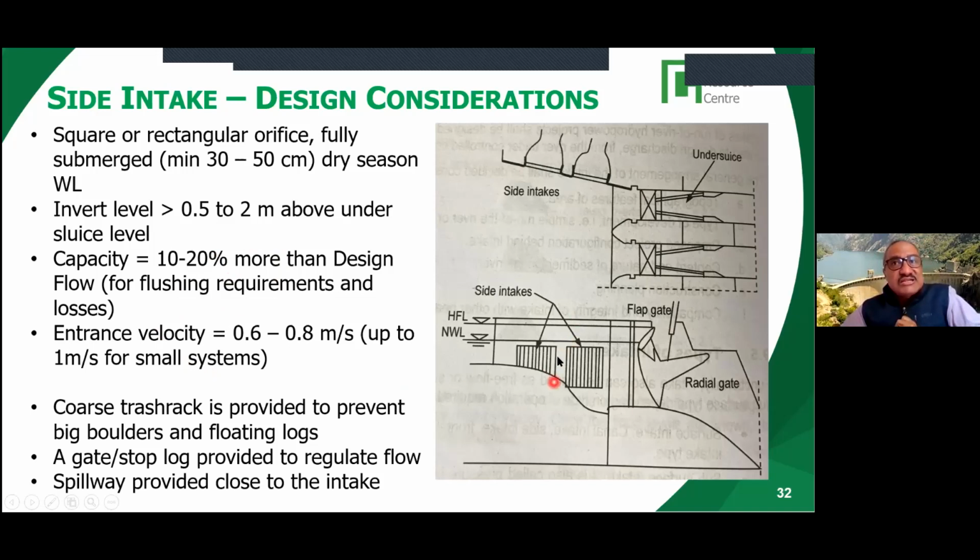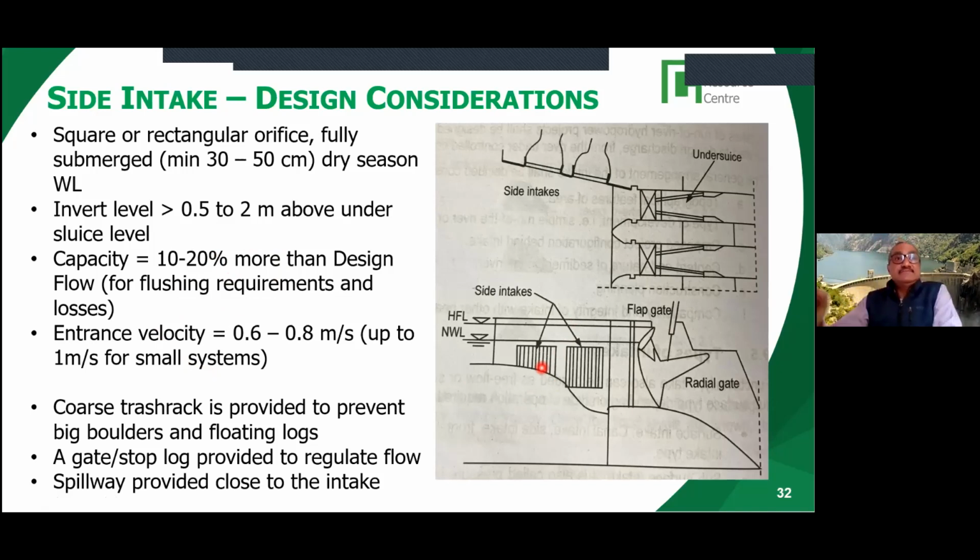What should be the entrance velocity in the side intake? It should be around 0.6 to 0.8. It should not be very high. For a small system, you could have up to 1 meter per second, but normally it is between 0.6 to 0.8.